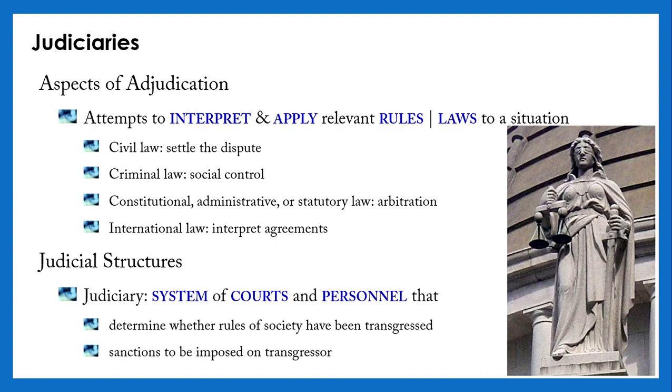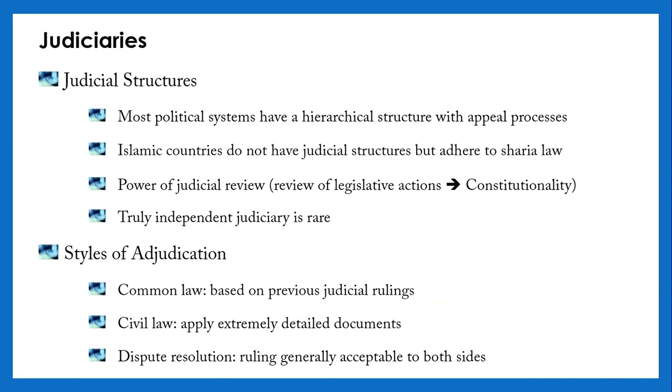And so when you run into that, the question is, who takes precedence? So think about, for example, Islamic countries sometimes do not have judicial structures. So for example, Saudi Arabia, what is their judicial structure? Sometimes they will adhere to certain types of law.